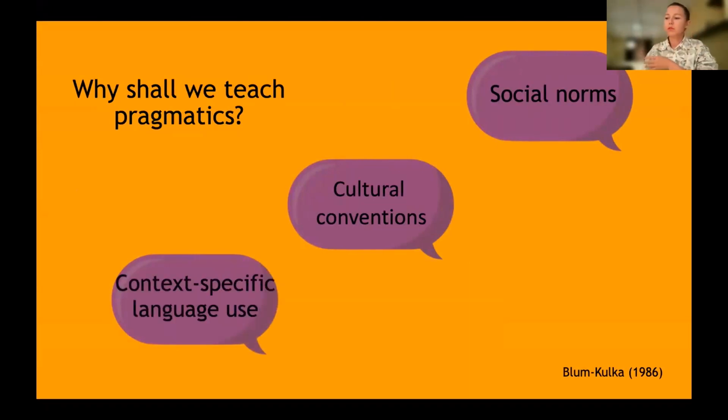For example, the student is using inappropriate language in a formal setting, or the student is using slang in a job interview, or failing to understand or use appropriate non-verbal cues.